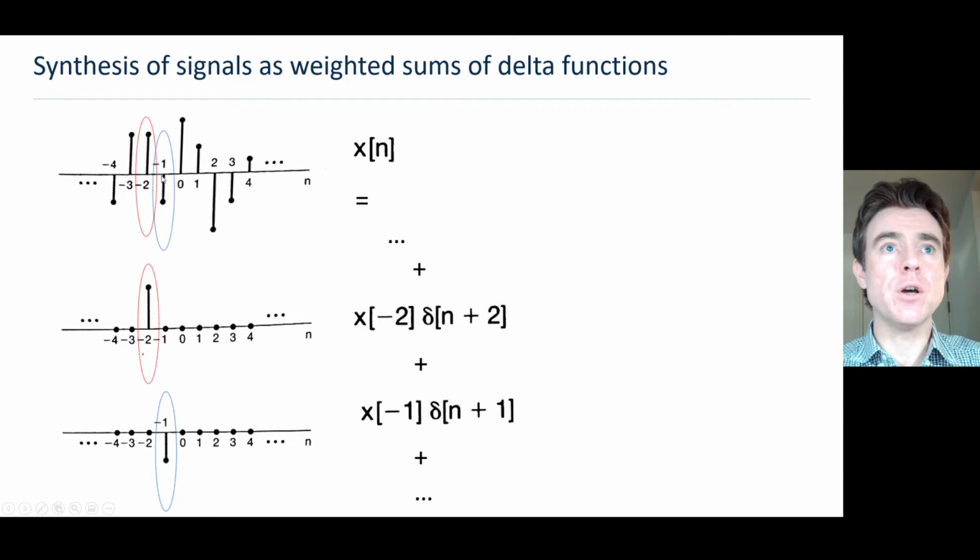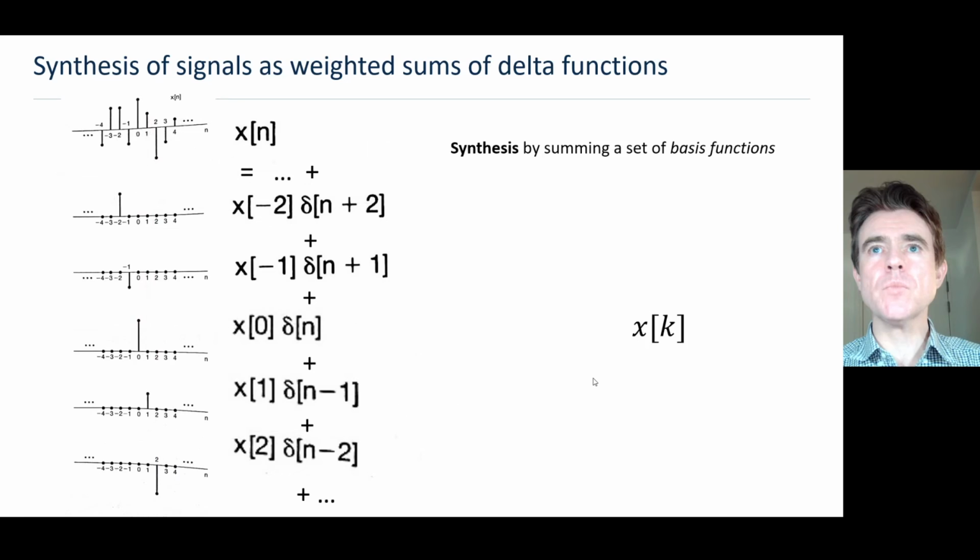And then the next sample here in this discrete function is at -1, where what we've got is the function x evaluated at n equals -1, and that in fact is a negative value here, and that serves now as a coefficient or an amplitude, a scaling factor for a delta function shifted to n equals -1.